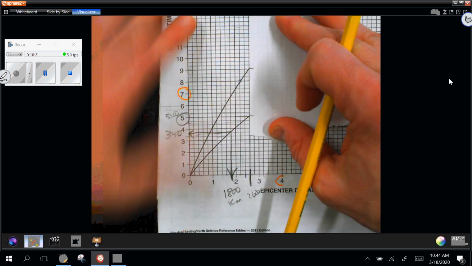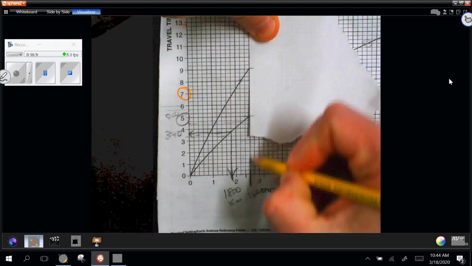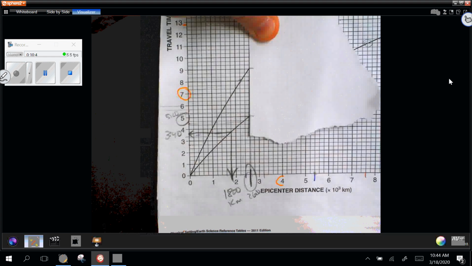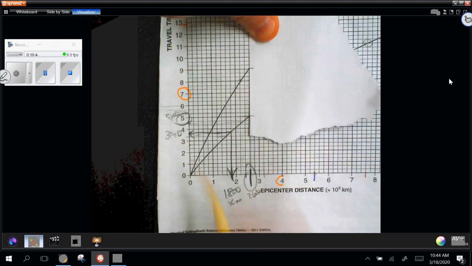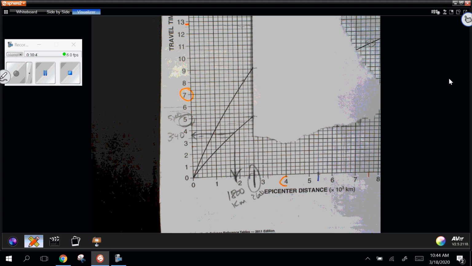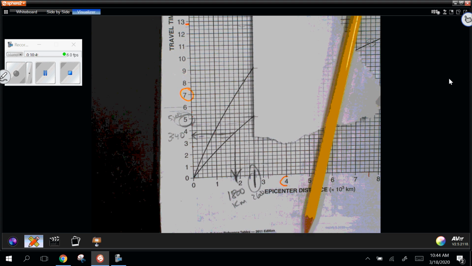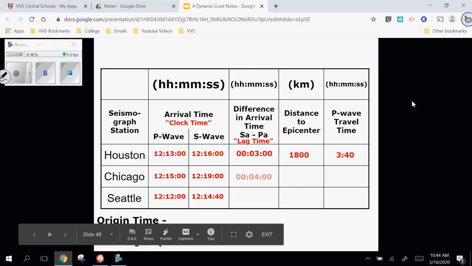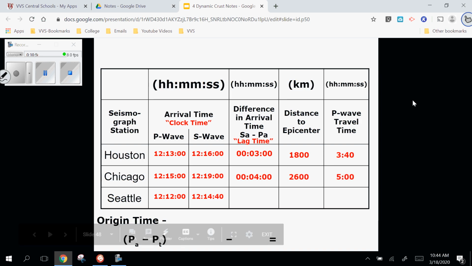See that? We read down, and it gives me 2,600 kilometers, and then we read across, and we get a 5-minute travel time. That's how you do that. So, 4-minute difference, 2,600 kilometers, 5-minute travel time.